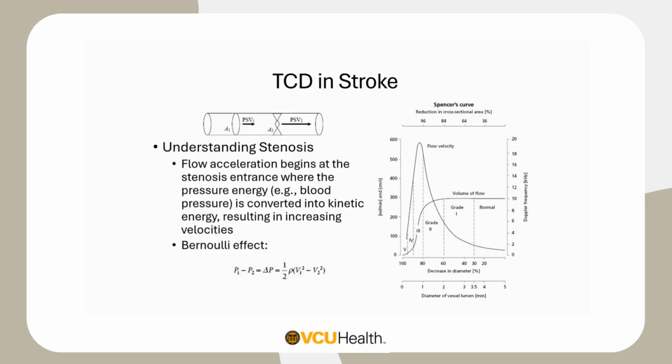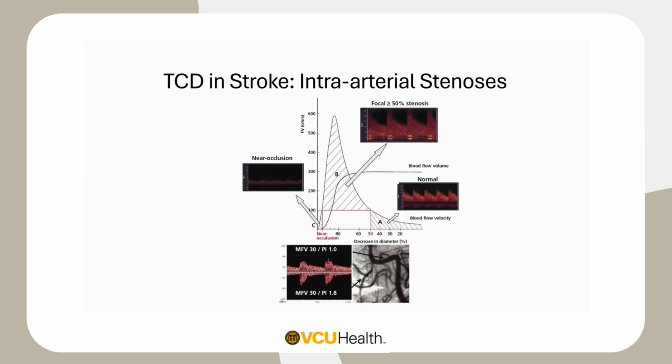And from that, I think Marina mentioned the thrombolysis of brain ischemia scores, the TIBI scores. These take into account that at certain blood flow velocities, whether they're normal, there's focal stenosis, or near occlusion or post-occlusive vasculature, the waveforms change.